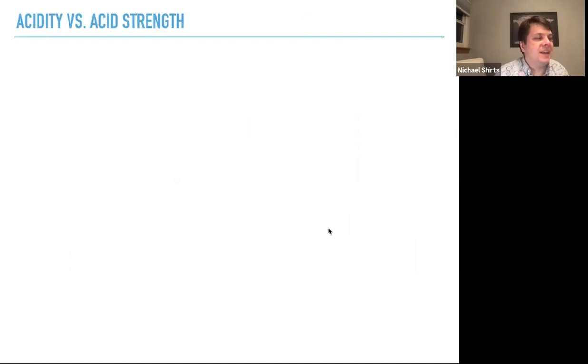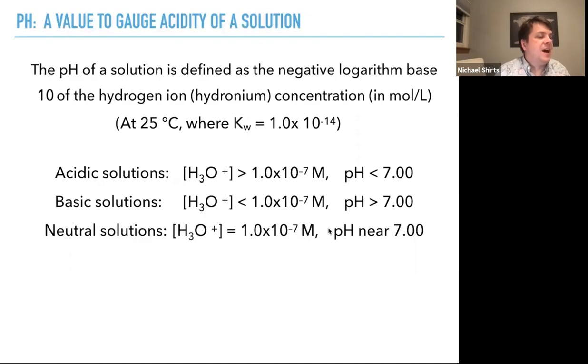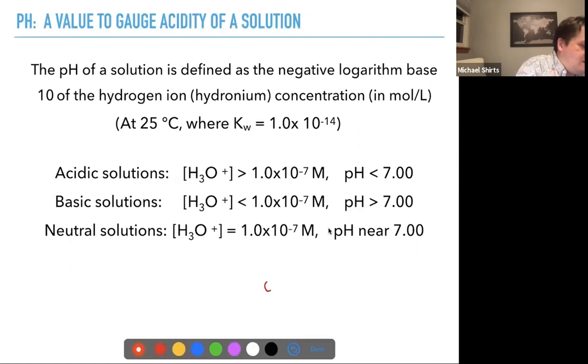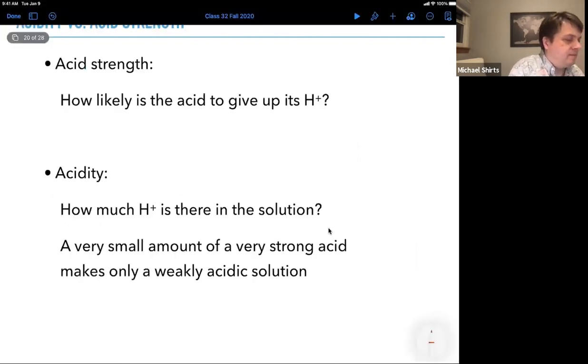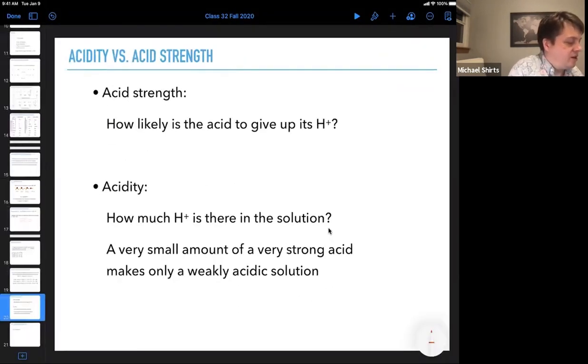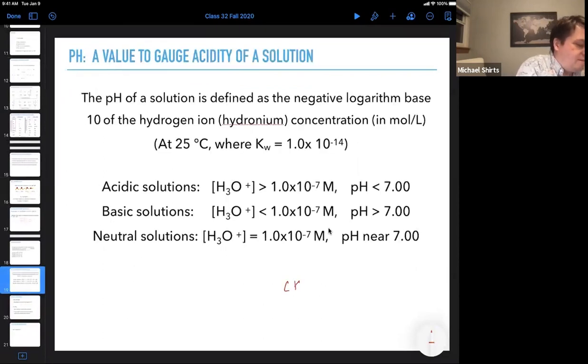One interesting thing here is that this is a case where you do have to specify the units, because if you have a concentration of hydronium that's going to have units, say it's 0.1 molar, and you try to take the logarithm of that, that makes no sense. So for pH, you look at the concentration in molar, chop off the molar, and then take the logarithm.